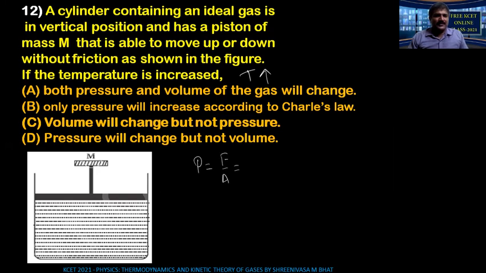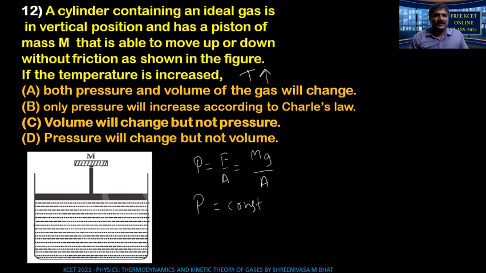The force exerted by this mass is nothing but its weight, mg, by area A. These three values do not change here, so they remain almost the same. The g value is also the same at a given place. So pressure is constant.